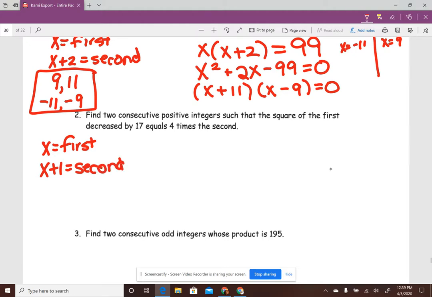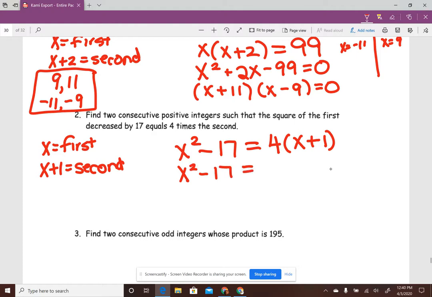The square of the first, x squared, decreased by 17 equals 4 times the second. You do need those parentheses for the second. Okay, so that gives me x squared minus 17.